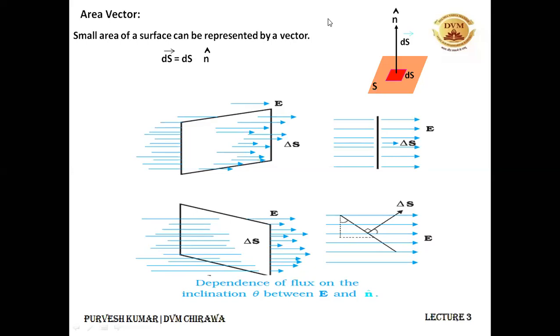Okay, I'll just be telling you and drawing some of the area vectors in this. See this thing? This is my surface. If my surface is placed like this, the area vector will be perpendicular to the surface. It will be perpendicular to this surface like this.